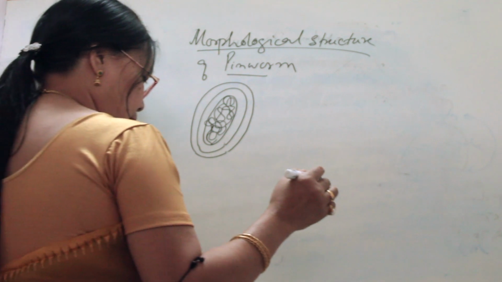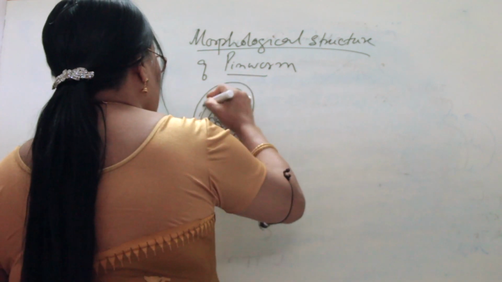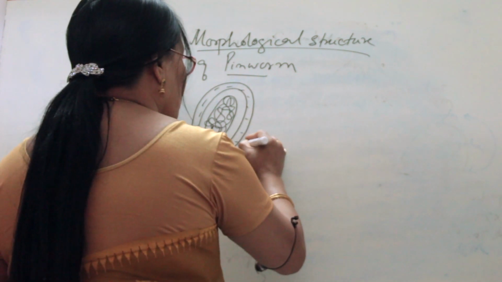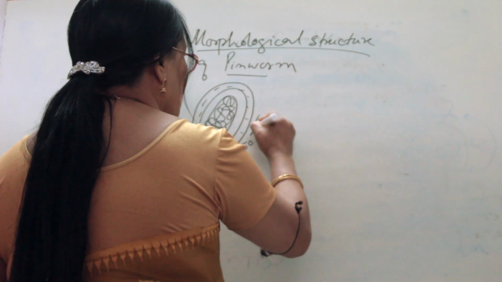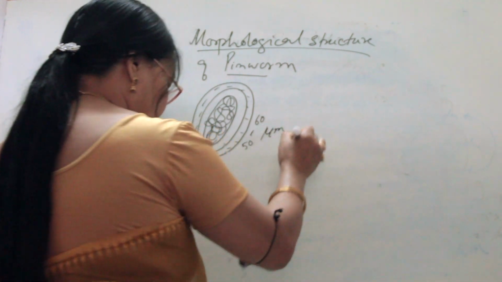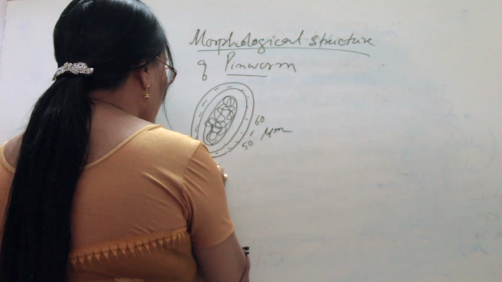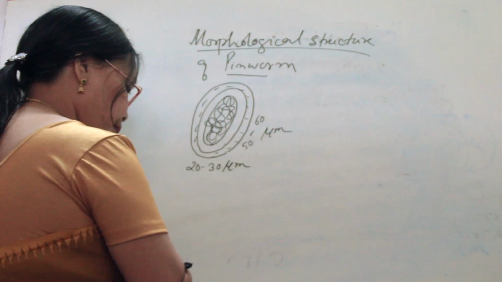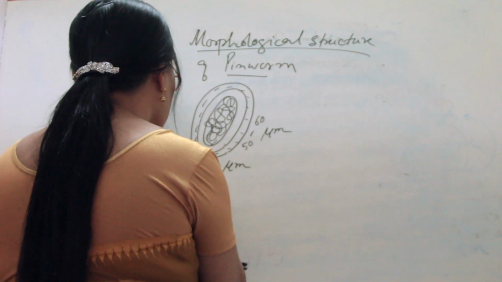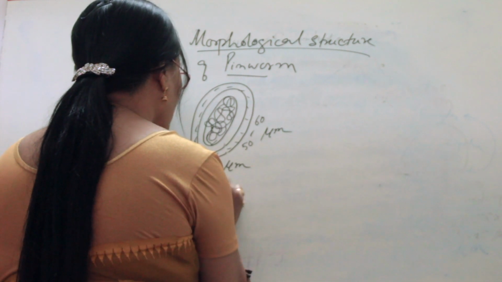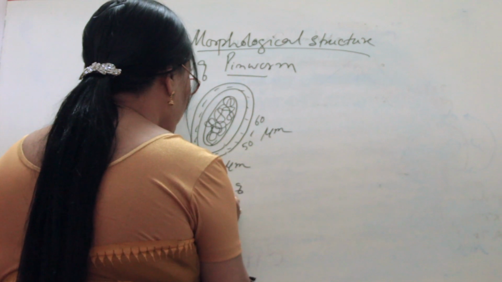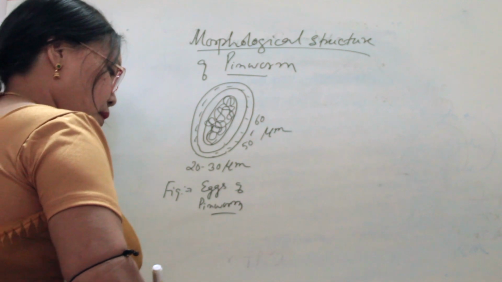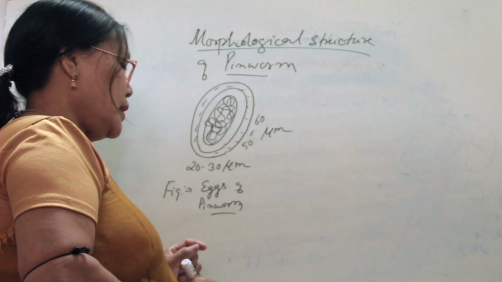These are the eggs, and the size of the eggs is 50 to 60 micrometer in length and 20 to 30 micrometer in width. Figure: eggs of pinworm. This is about the eggs.